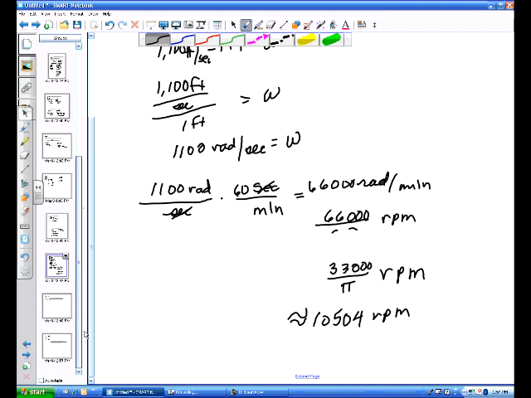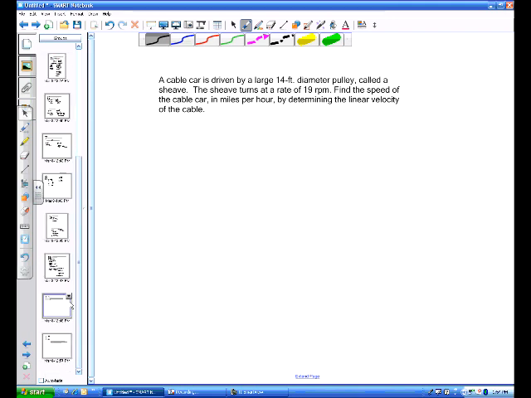A lot of times we have things dealing with pulley systems, or where you're using a cable to cause things to turn. But this says a cable car is driven by a large 14-foot diameter pulley called a sheave. The sheave turns at a rate of 19 RPMs. Find the speed of the cable car in miles per hour by determining the linear velocity of the cable.